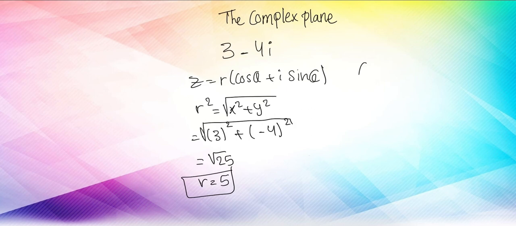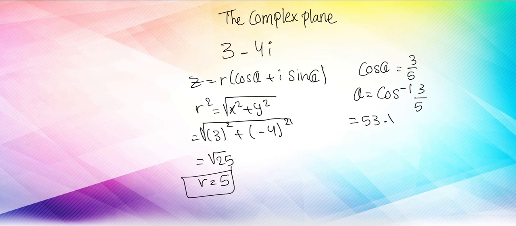And I have cos θ equals 3/5. And θ equals cos inverse of 3/5, which equals 53.1.